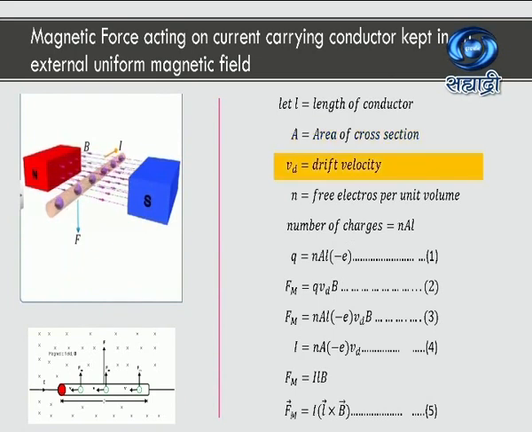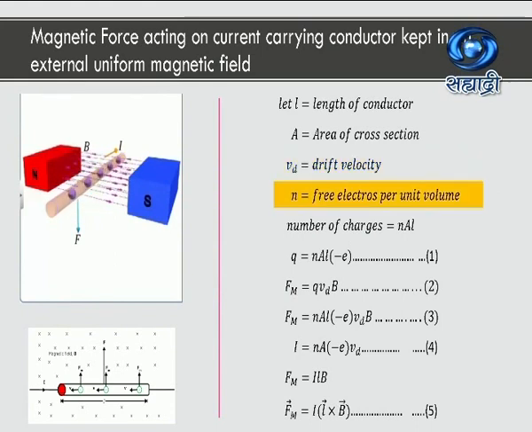Then the velocity of these electrons, which is called the drift velocity, which we have studied in class 11th, the drift velocity Vd is the velocity of these electrons. If n is the number of free electrons per unit volume, then the total number of charges inside this conductor of length L and area of cross-section A will be nAL.